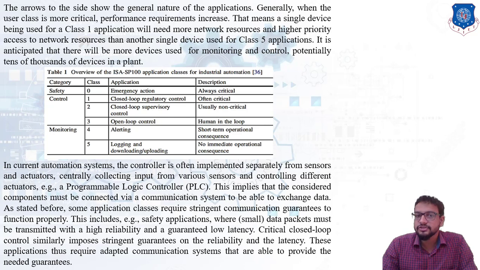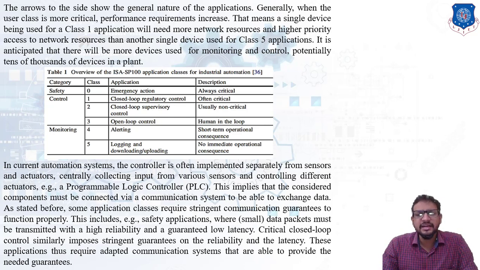Then class 2 is closed loop supervisory control, which is basically not very critical. And class 3 is open loop control, in which a human will be present. Why? Because it is open loop. Human dependency will be there in the machine operating, so the human is in the loop.